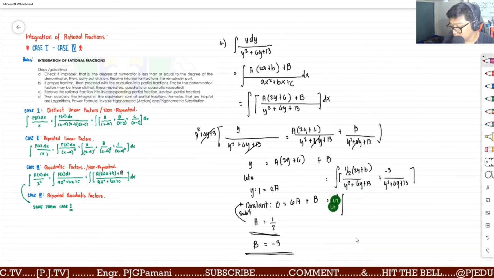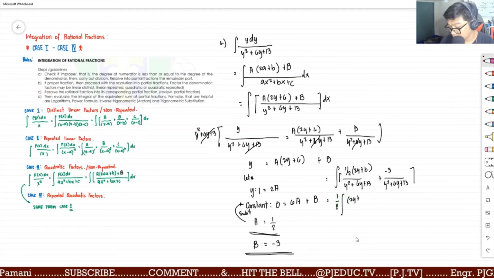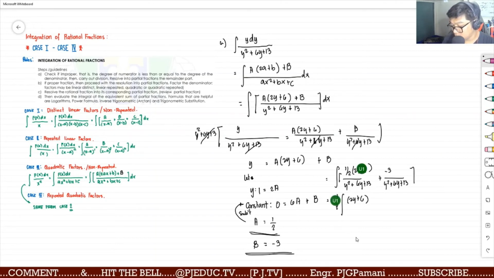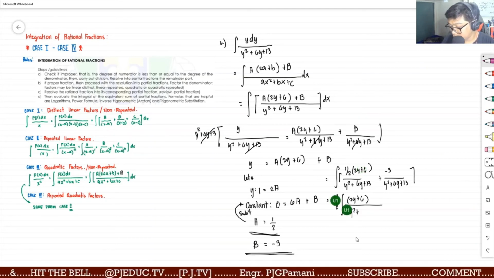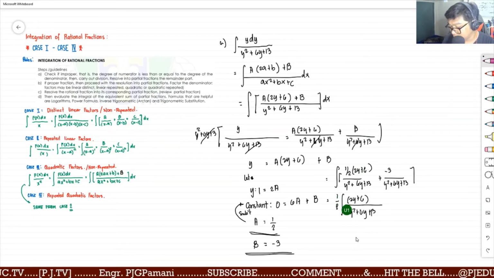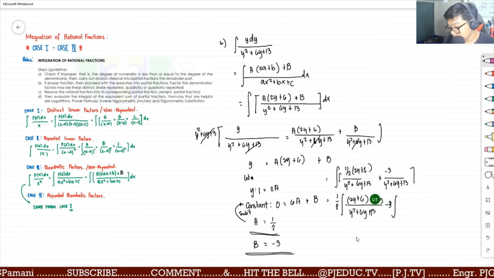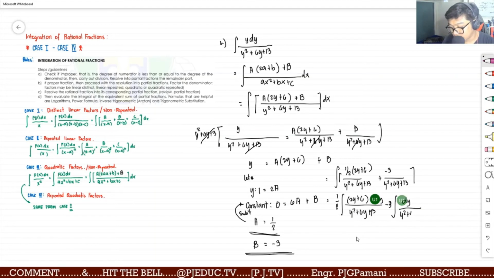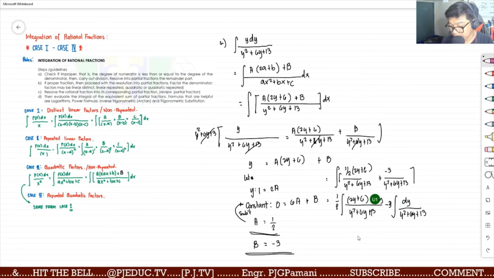That is 1/2 of 2y plus 6 over y squared plus 6y plus 13 dy minus 3 of dy over y squared plus 6y plus 13.